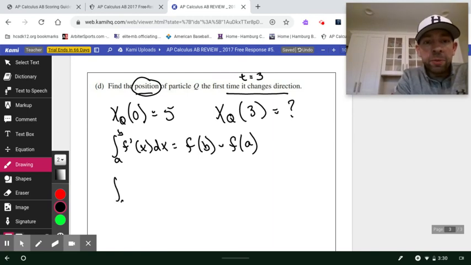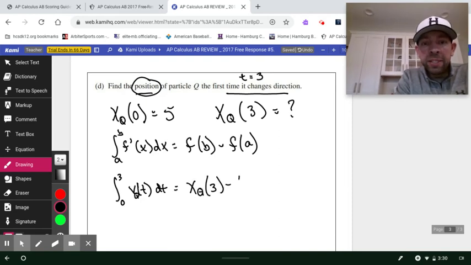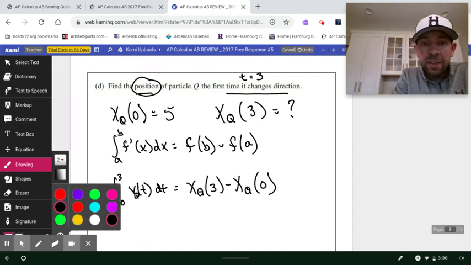Well, we're going to integrate from 0 to 3. And we're going to integrate the velocity function of Q. And that's going to be the position of Q at 3 minus the position of Q at 0. And basically all we want to do is try to isolate this term right here, because we already know that this is equal to 5.